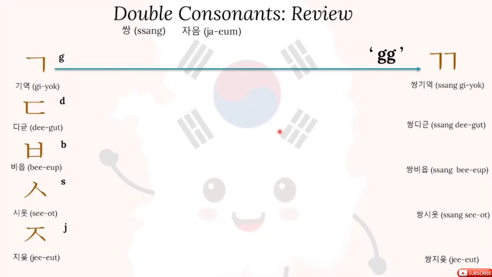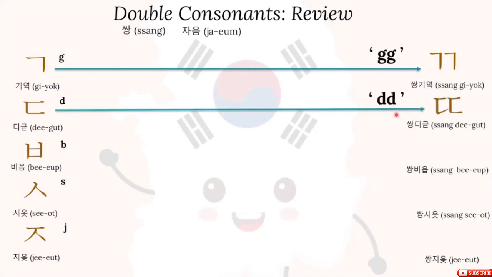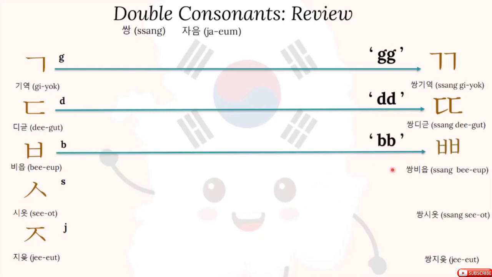The next double consonant, 쌍디귿, 뜨, and the single consonant sounded 드. Double consonant, 뜨. The next one, the 쌍비읍, is 뿌, and the single consonant sounded 뿌.